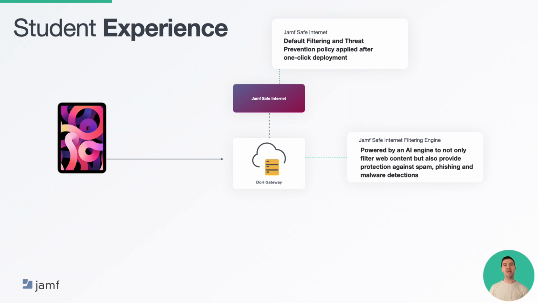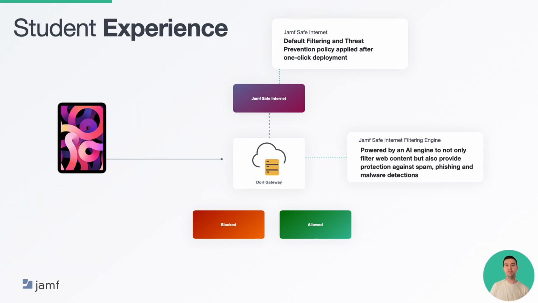Our enterprise AI engine, MIRIAM, which stands for Machine Intelligence, Real-Time Insights, and Analytics Machine, finds zero-day threats and protects students. If a website request is allowed, the IP address is returned to the student's device and the page is loaded. If the page is blocked, the student is presented with the Safe Internet blocking page.